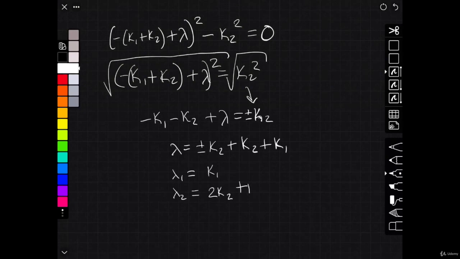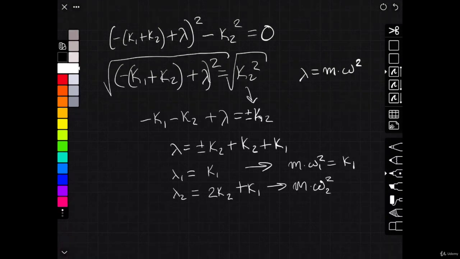Recalling that our lambda was equal to m times omega squared, we have m omega 1 squared equal to k1, and m omega 2 squared equals 2k2 plus k1.